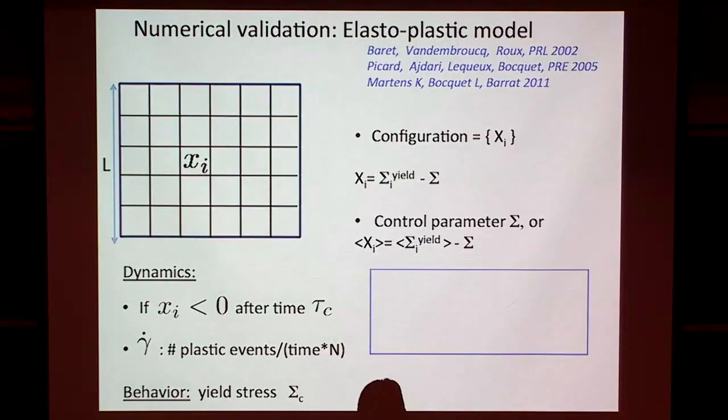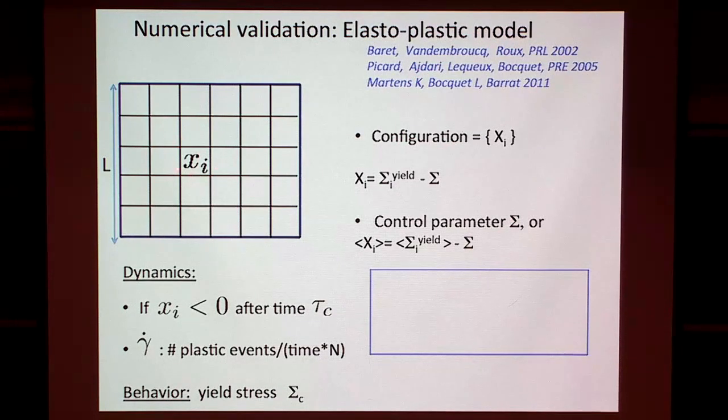Okay, so now we can think about how we're going to validate those ideas. We're going to look at elastoplastic models, essentially automaton models developed by Middleton and others for depinning, but applied to the yielding transition by many authors.